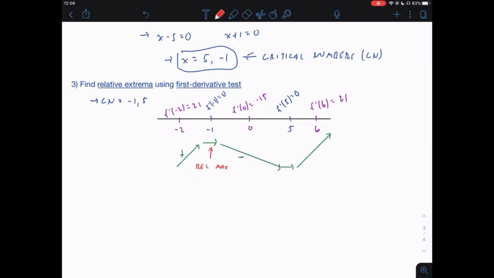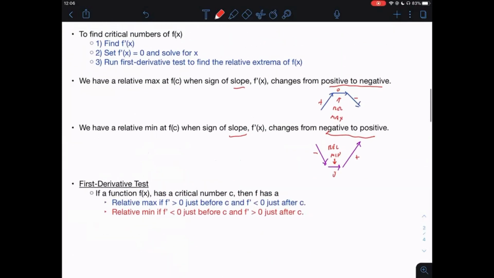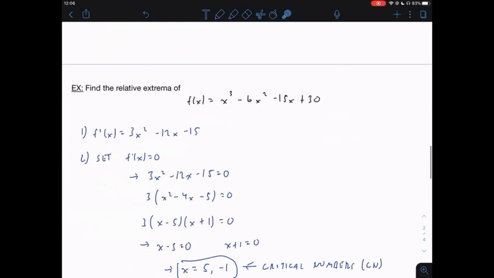So we found a relative maximum at an x-coordinate of negative 1. Again, a relative max occurs when the sign of your slope changes from positive to negative, when your function has reached a high point and then starts to come down.